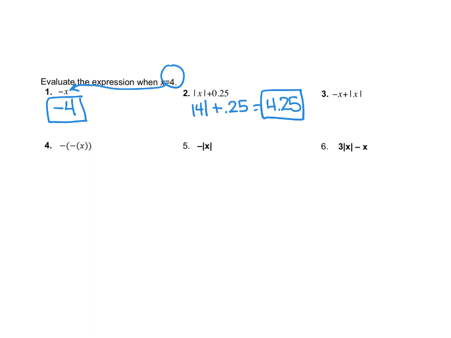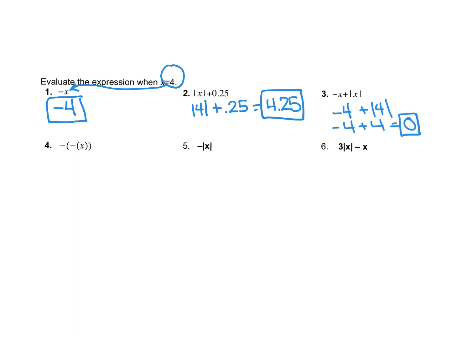All right, number 3, we have negative x. So I'm going to put the negative here. I'm going to have the opposite of x, which is positive 4, so the opposite is negative, plus the absolute value of 4. Well, we know that the absolute value is always going to be positive, so I'm going to have negative 4 plus 4 is equal to 0.